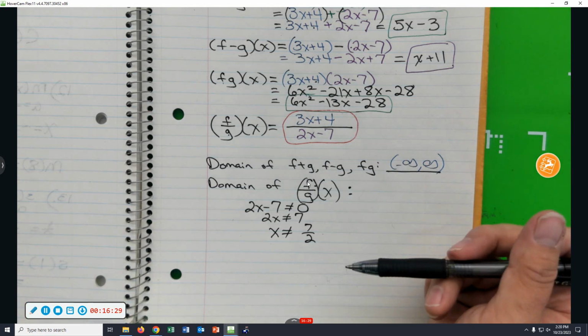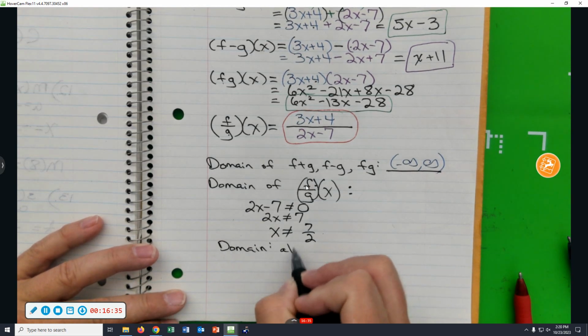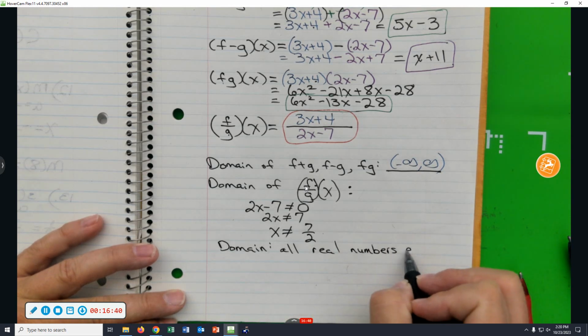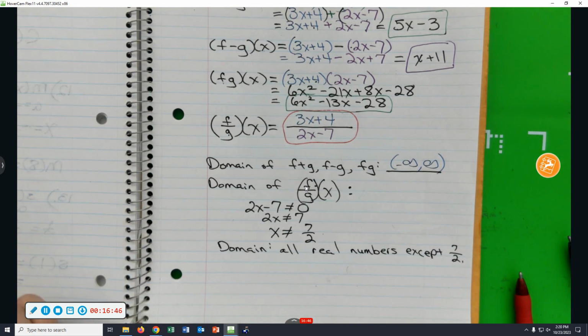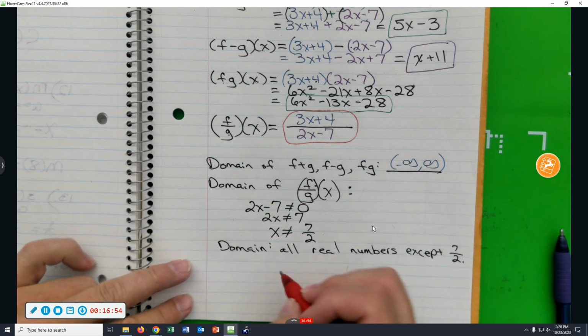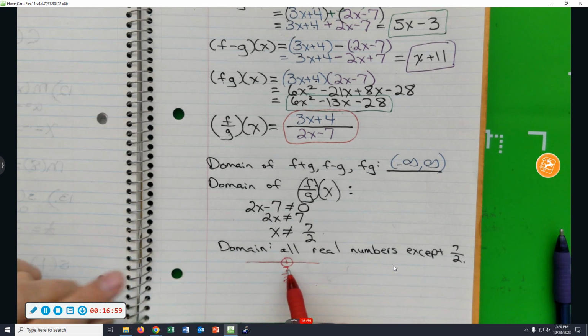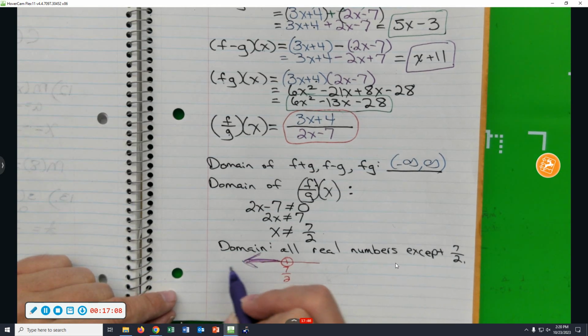And if you were going to write this out, we'd say the domain is all real numbers except 7 halves. But of course, we're not going to write it in words. We're going to write it in interval notation. So if you're unsure how to do that, think of a number line. There's 7 halves. We're not going to shade 7 halves. We're not using 7 halves. But we can use any number to the left of 7 halves.